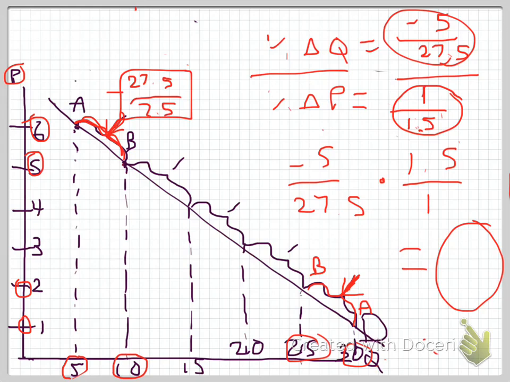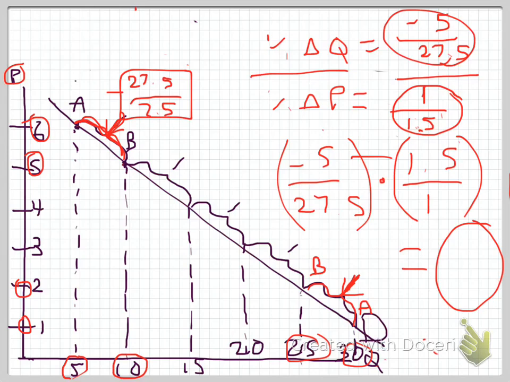So the key is to be accurate. Let's do it this way: keep this one as a fraction, find the reciprocal of the other one, and multiply the fractions. We multiply them across.